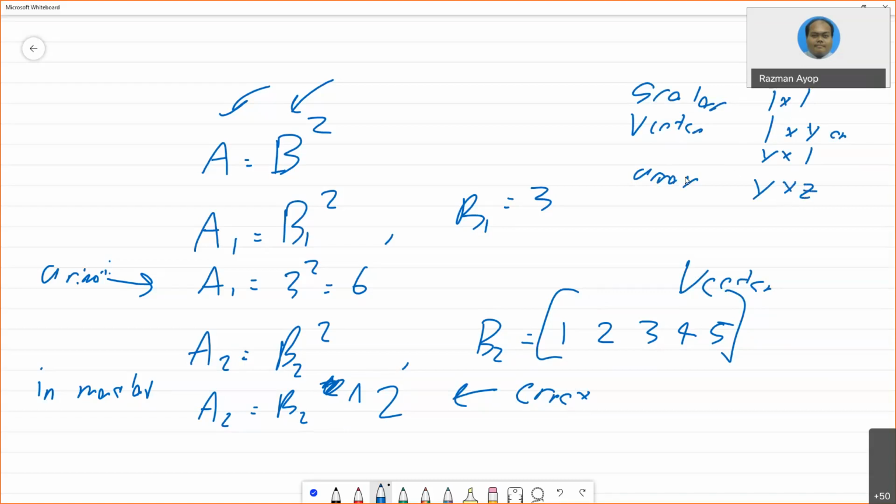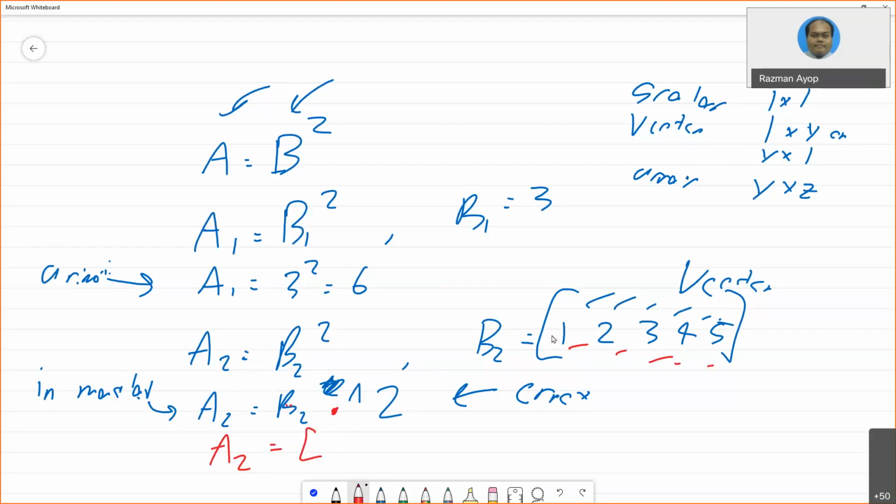So if you put this inside MATLAB, you cannot get the answer. You want to get the answer for all of this B2. So to do this, you just put dot. That's it. You put dot, and automatically MATLAB will know that B2 is changed here, and you get A2 equal to this answer.